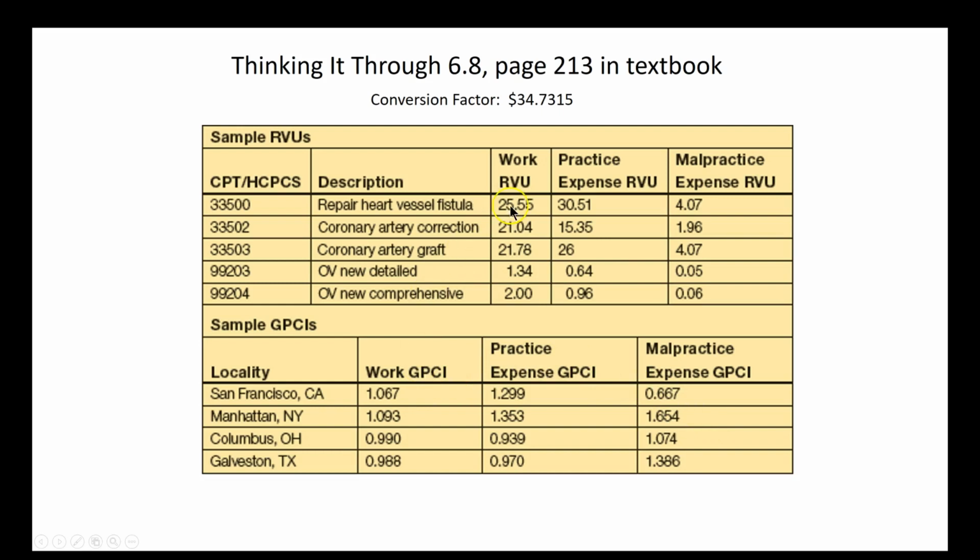And remember to convert these values to a value that's relevant for that location. We are going to multiply the relative value unit by the GPCI. And notice that California's is higher than New York's. New York's is higher than Columbus, Ohio, and Columbus, Ohio is higher than Galveston, Texas. So they adjust that based on the geographic location.